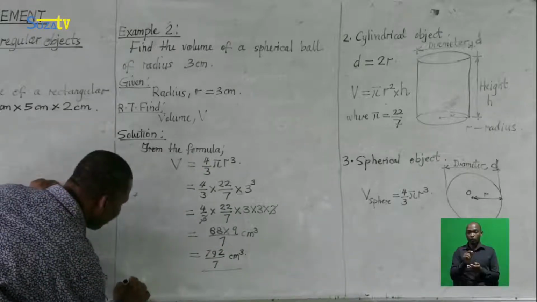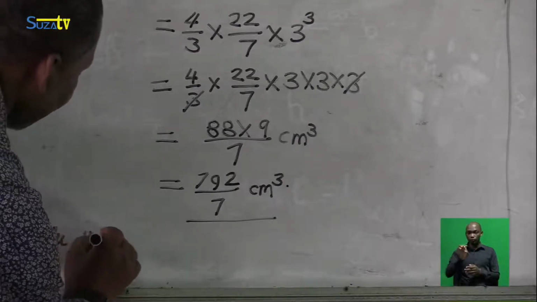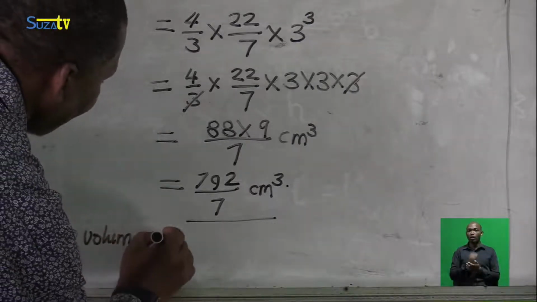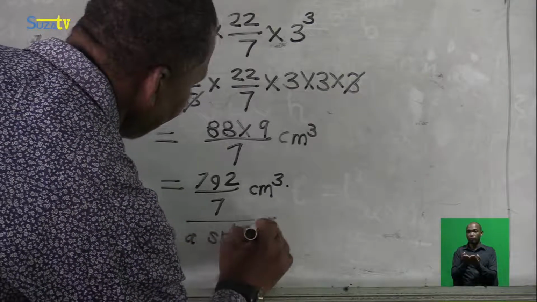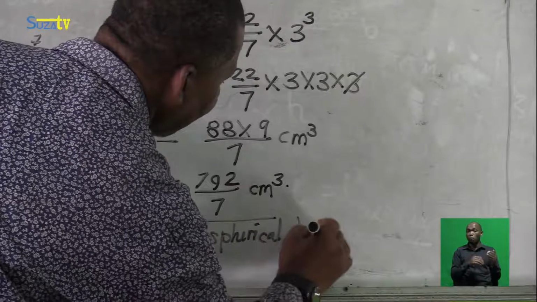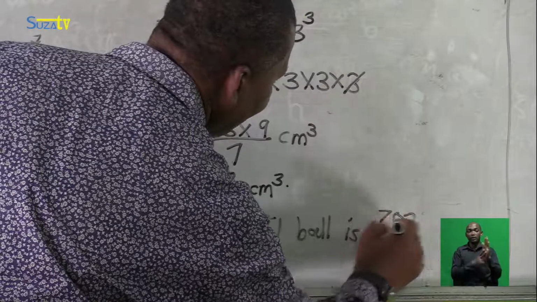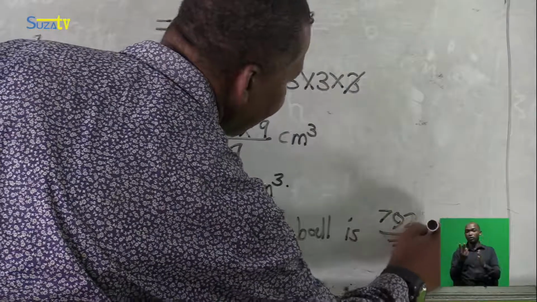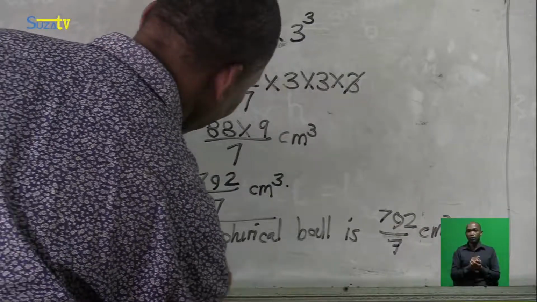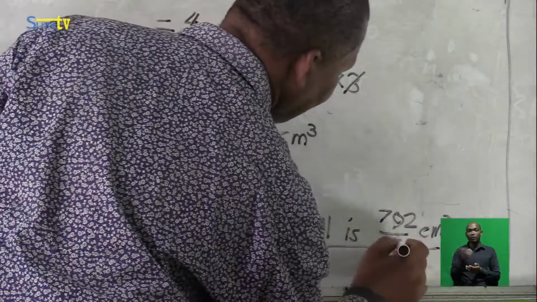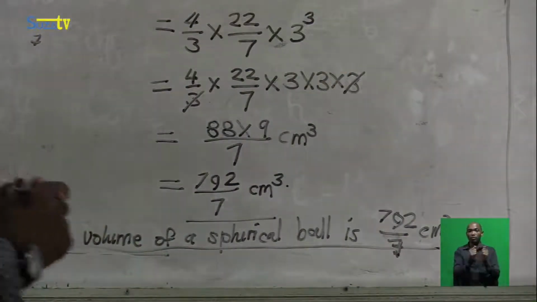We have to conclude that, therefore, the volume of a spherical ball is 792/7 centimeter cube. Then we have to underline our conclusion. That is the volume for the spherical object.